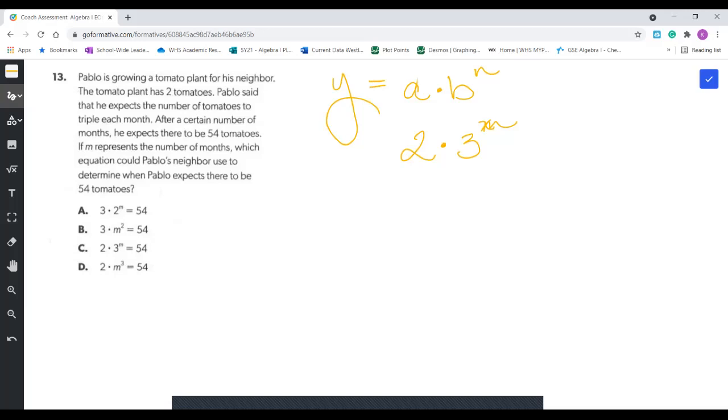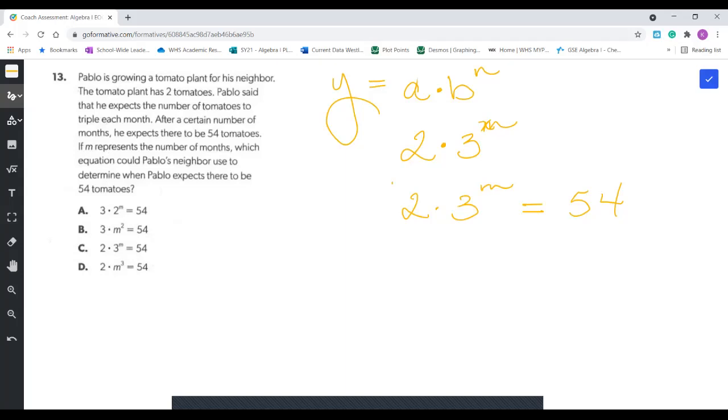It says after a certain number of months, he expects there to be 54 tomatoes. So 2 times 3 to the m power, however many months pass, needs to equal 54. If m represents the number of months, which equation could Pablo's neighbor use to determine when he expects 54 tomatoes?